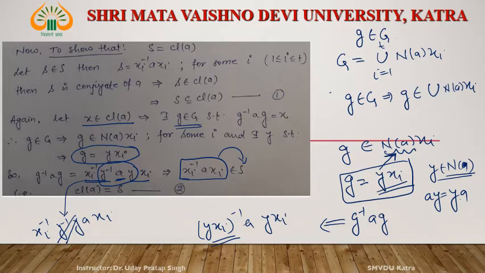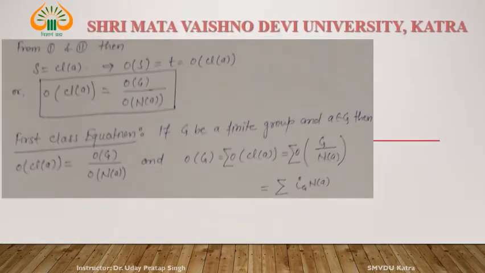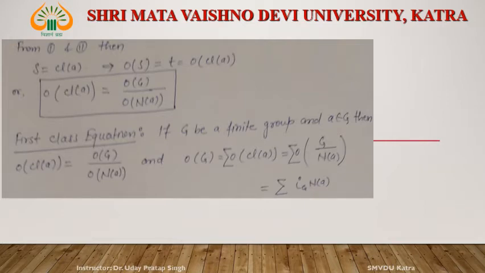Then X belongs to S. It means CLA is a subset of S. Then from equation 1 and equation 2, CLA is equal to S. Then what is the order of S?